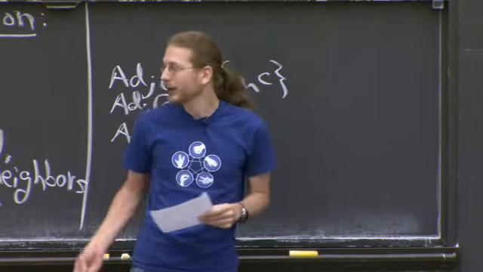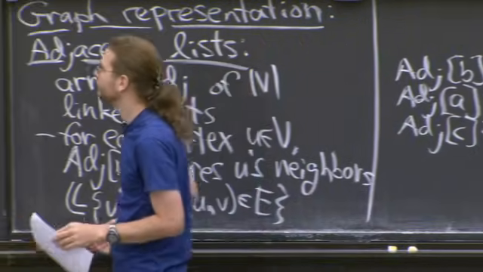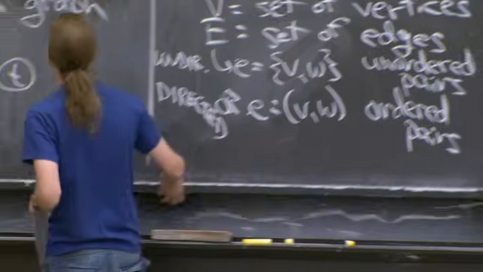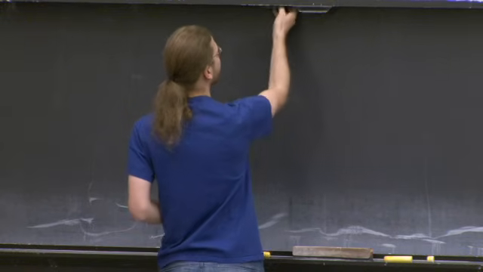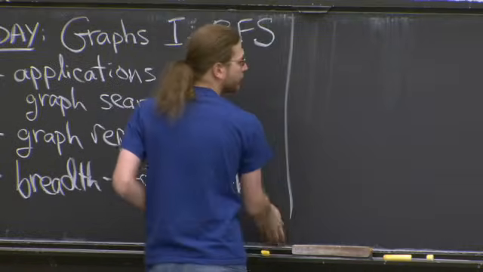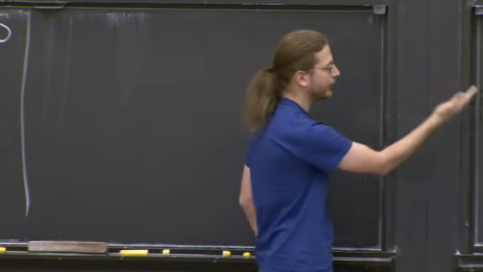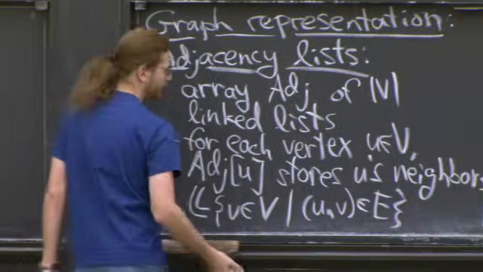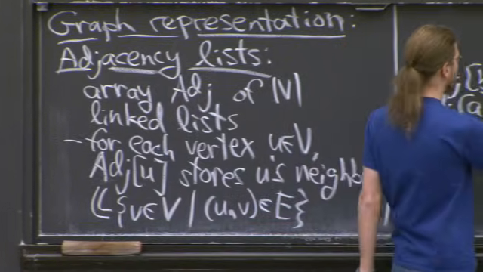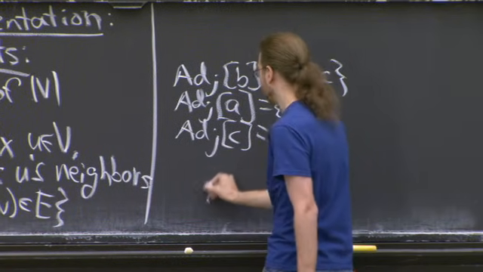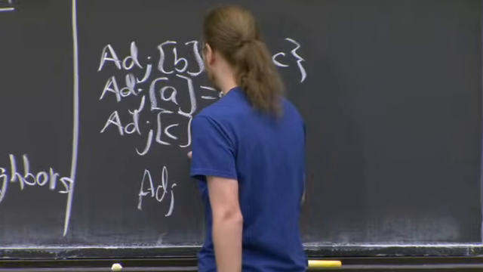There's a lot of different ways to actually implement adjacency lists. I've talked about two of them. You could have the vertices labeled 0 to V minus 1, and then this is literally an array. In this picture, ADJ is an array.